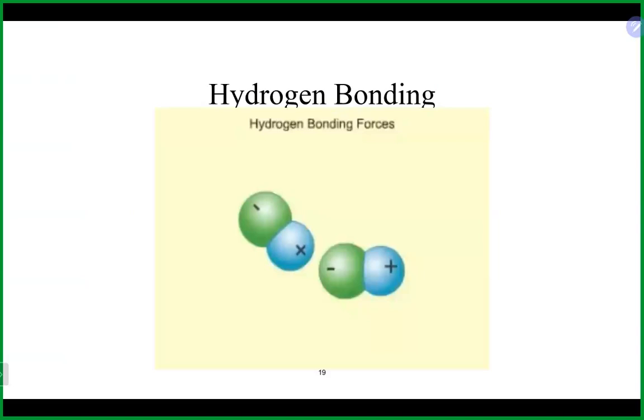Some polar molecules have unusually strong intermolecular attractions called hydrogen bonding. Attractions occur in molecules where hydrogen is bonded to fluorine, oxygen, or nitrogen. The interaction occurs between the hydrogen of one molecule and an unshared electron pair on the more electronegative element in another molecule.